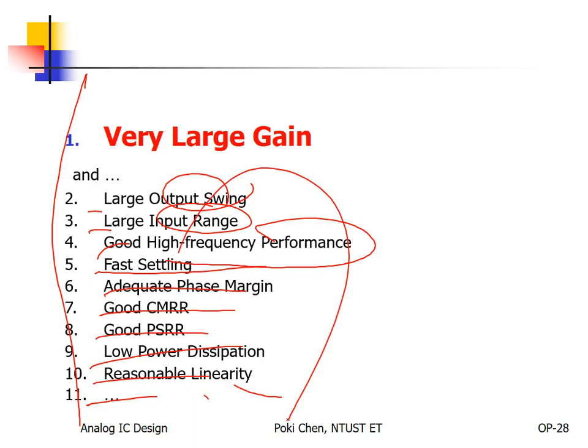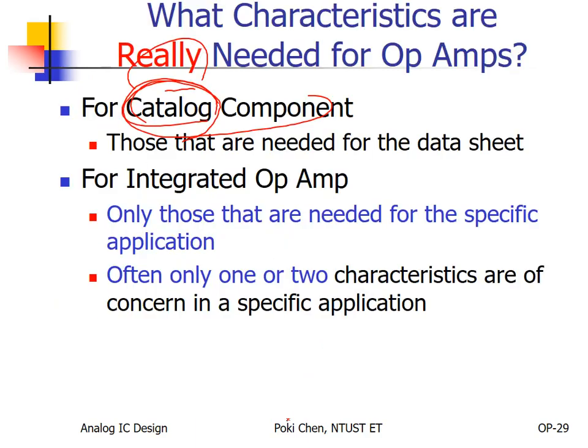Because they are general purpose op-amps. But for your own design, usually we have a specific purpose op-amp. The op-amp is designed to fit your own application. It doesn't need to please all the other applications. Only specifically designed for your own application. One for one, not one for many.